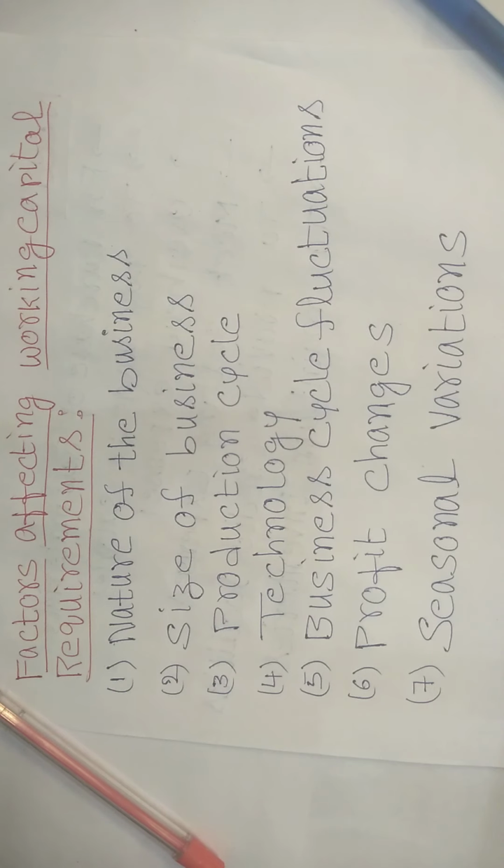So, a huge amount is blocked in the form of materials and inventory during that season, which requires more working capital in that season. So, in this way, different factors affect the working capital requirements.